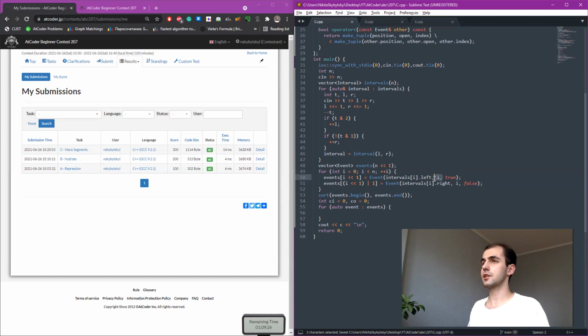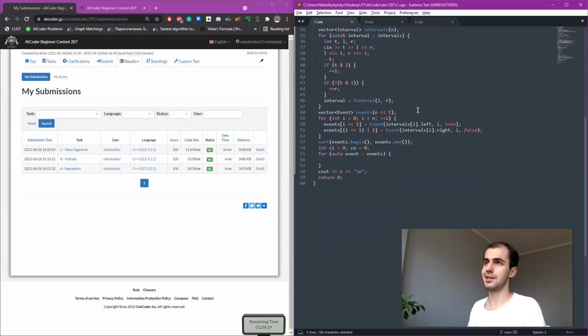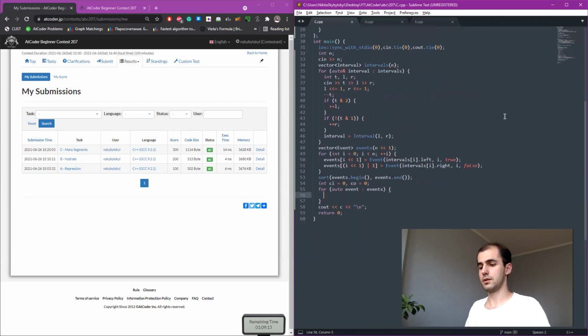In this particular case, we actually don't care about index, but in general, you may want it, so I just added it there. But here, I think we don't need it. So if the event is open, you obviously want to increase that, otherwise you want to decrease that. And I think that you increase the answer by the count of open intervals, but in a different order, because no interval intersects with itself.